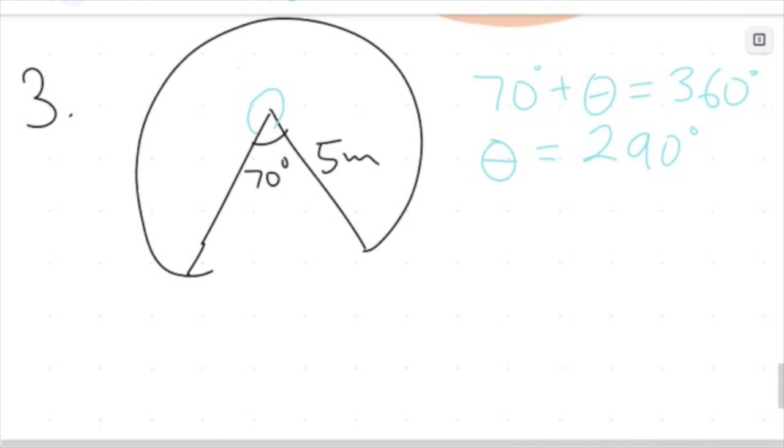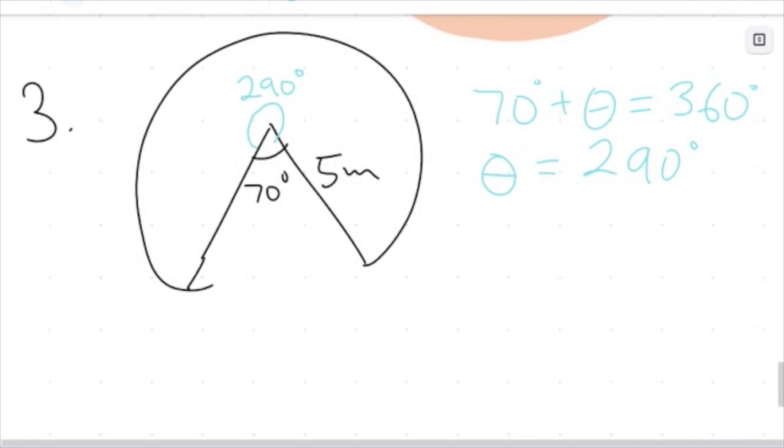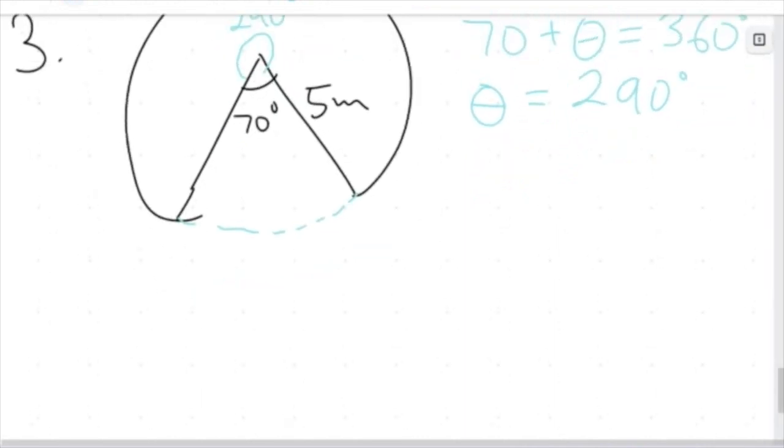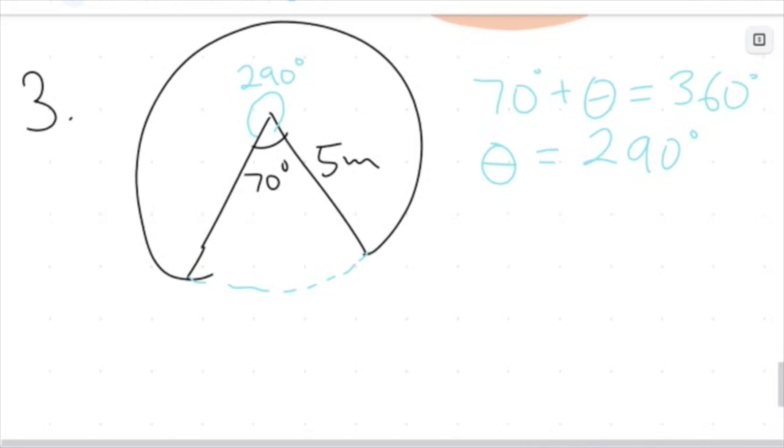So the angle value of my sector is 290 degrees. That's my portion of the whole here. So that's what I'm going to consider when I do my working out.